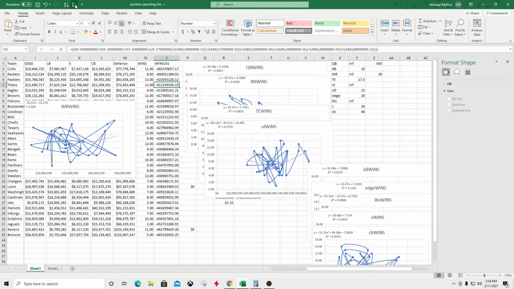So the logic behind that is, since we can't spend 450 million, the logic there would be lower number is better.